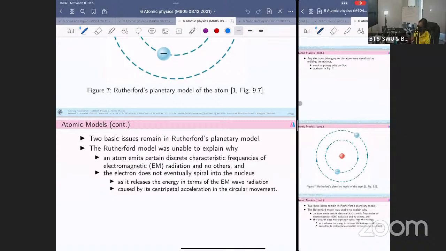They don't go straight in a linear way. And as it releases energy in terms of electromagnetic waves, it should spiral. It should have no more energy, and it should finally be attached to the nucleus, because this is the negative charge and here is the positive charge. Once it has released the energy in terms of light, it should get so close to the proton.